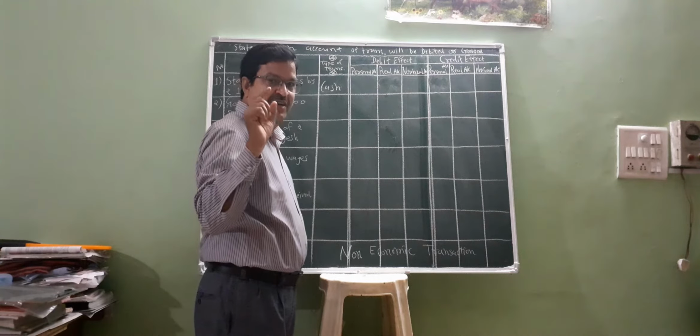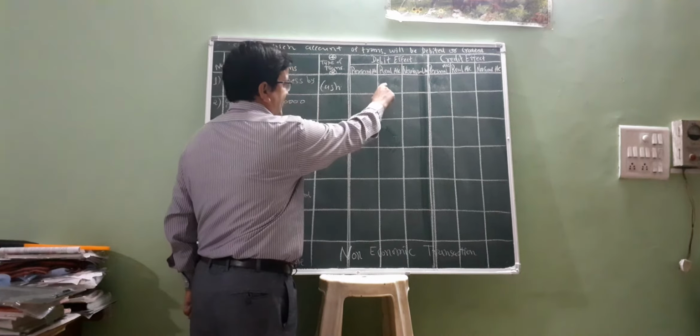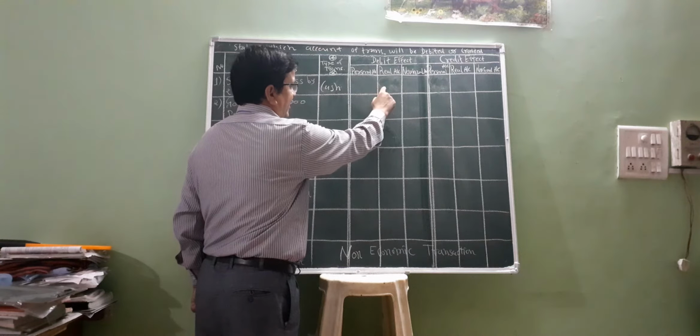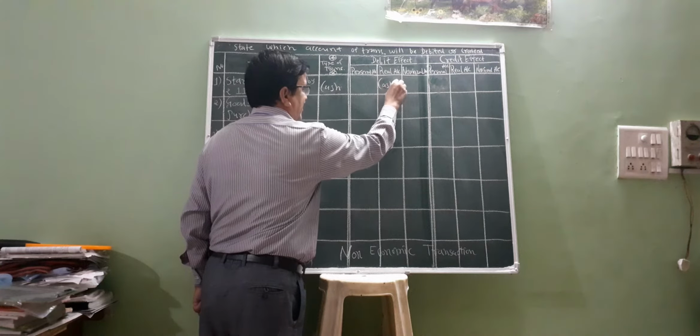Debit what comes in: the rule given by Luca Pacioli. Cash is a real account, and cash comes in, so cash account debit.